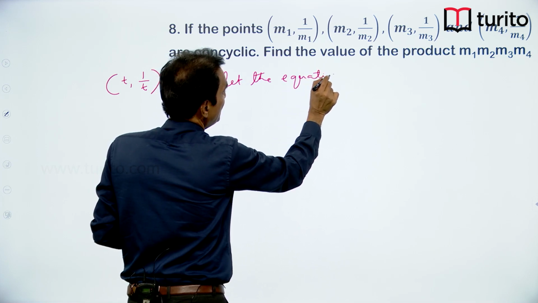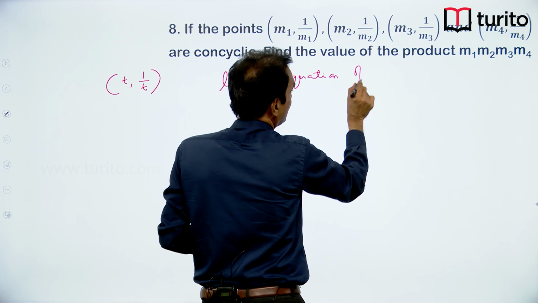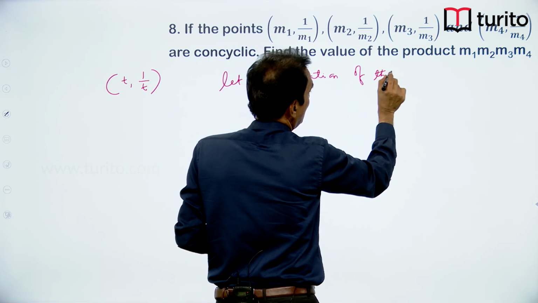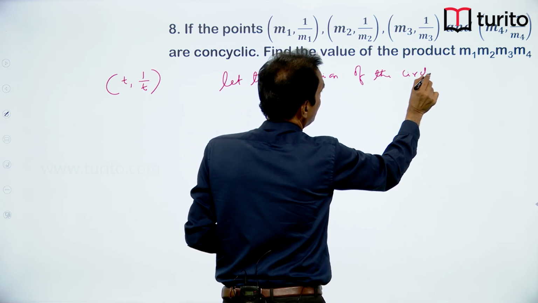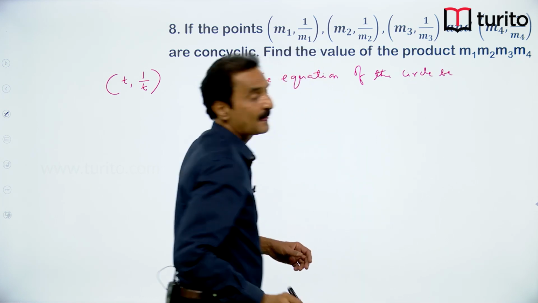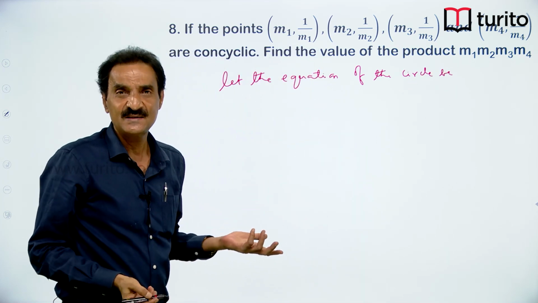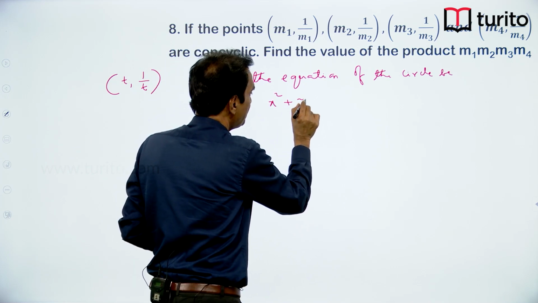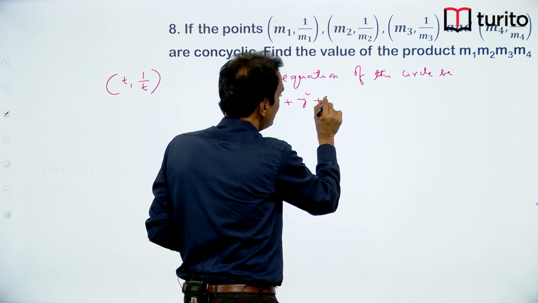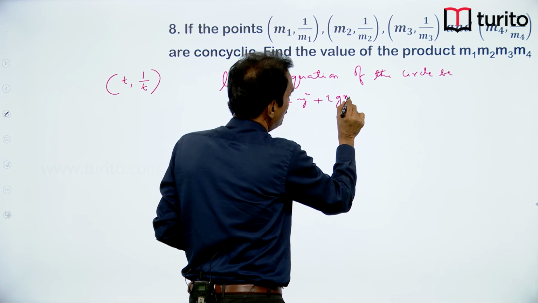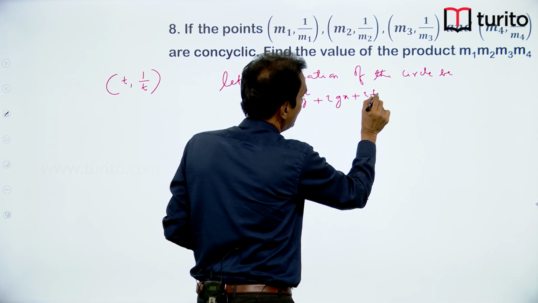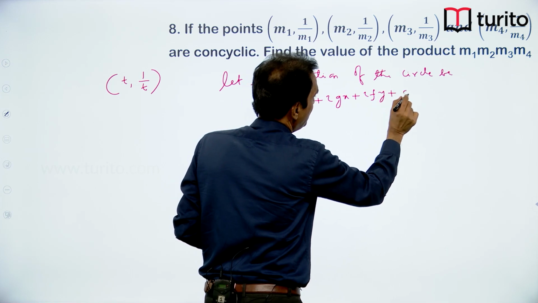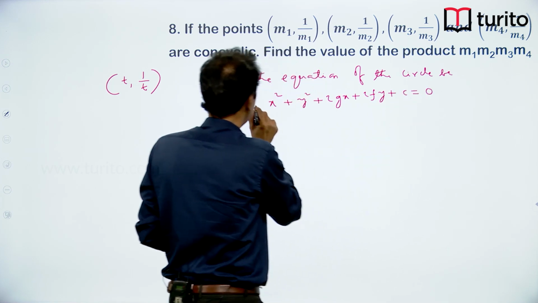Let the equation of the circle be S equal to 0. What is S equal to 0? x square plus y square plus 2gx plus 2fy plus c is equal to 0.